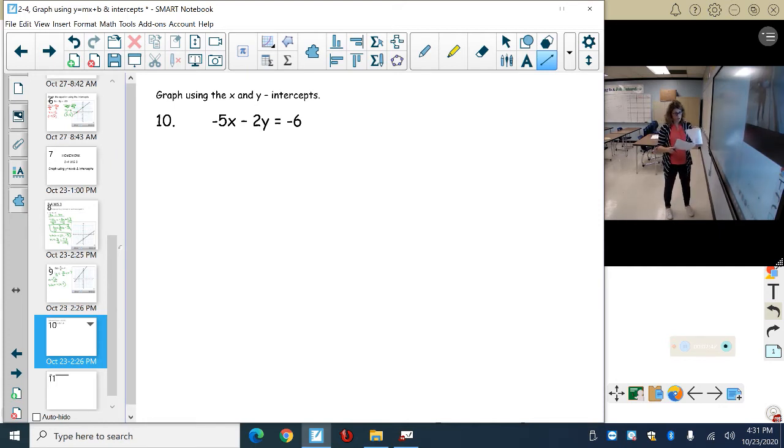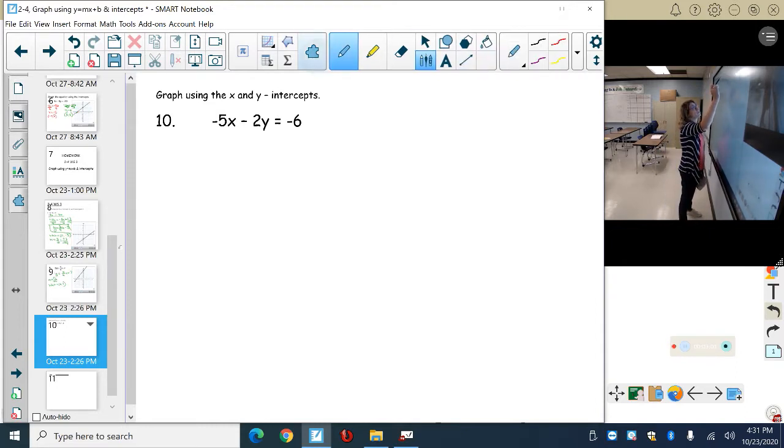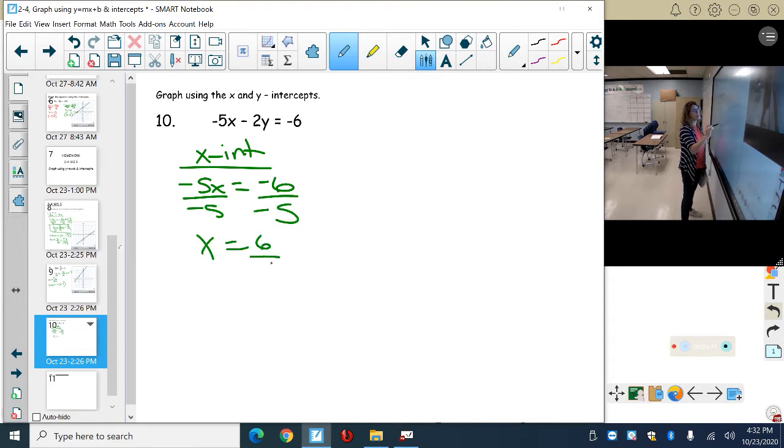Now, number 10, the directions say to graph using the x and the y-intercepts. So if I'm graphing using the x and the y-intercepts for number 10, you are simply going to cover up your y, and your x-intercept is going to be negative 5x is equal to negative 6, divide by negative 5, and you get x is equal to 6/5, which is the same thing as 1 and 1/5.